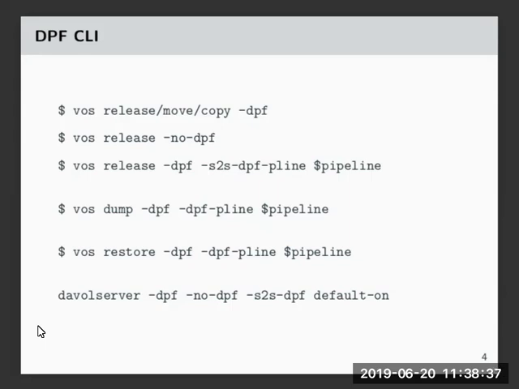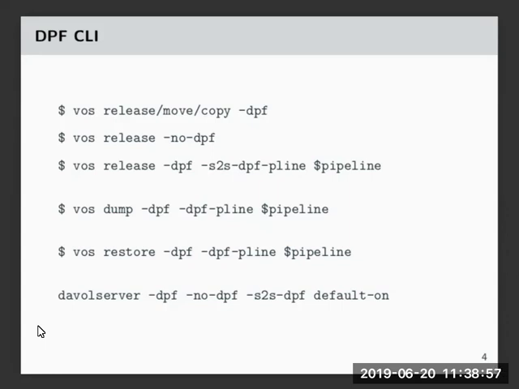The volume server itself has some options to turn on or off the functionality. At least at this site, this was so we could give them a new version, so they would have the binaries, and of course if it breaks, then it's easy to just turn it off. You don't have to replace the binaries and roll them back or anything like that.